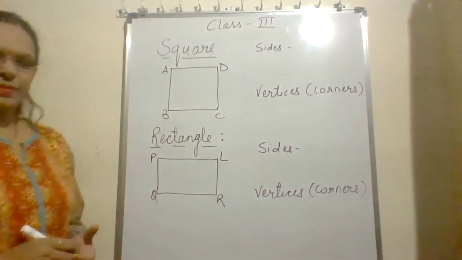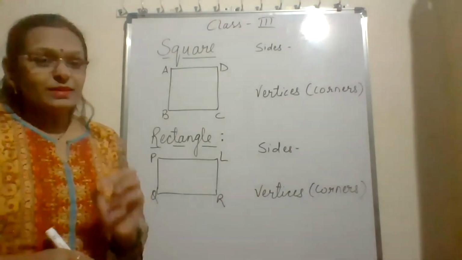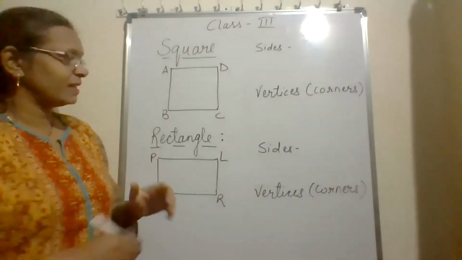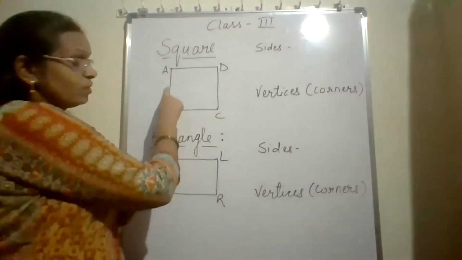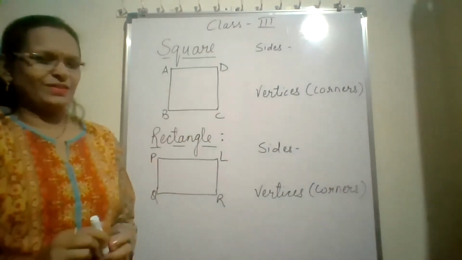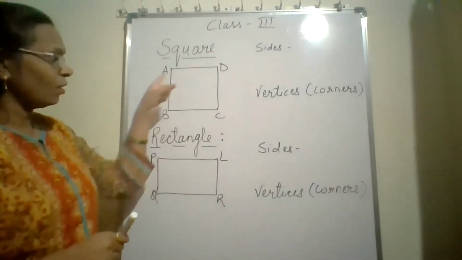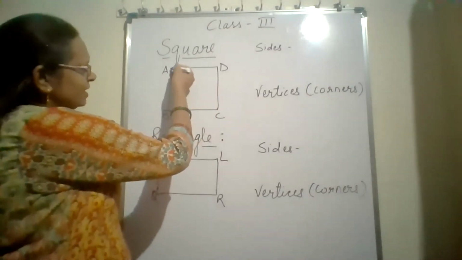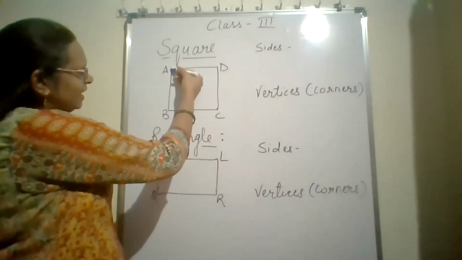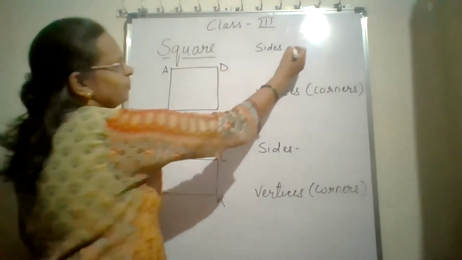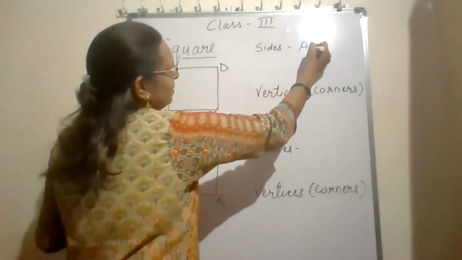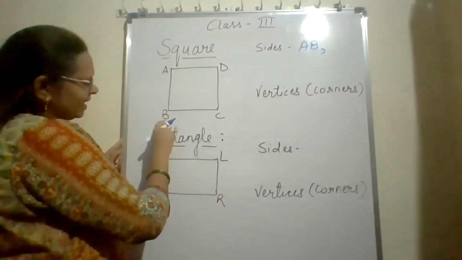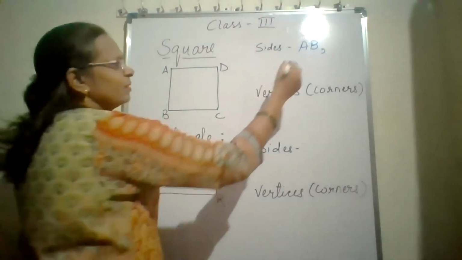So now see, a square is a four-sided closed figure. Which type of figure? Closed figure. Now how many sides is it having? See, the first side is AB. Second side is BC.